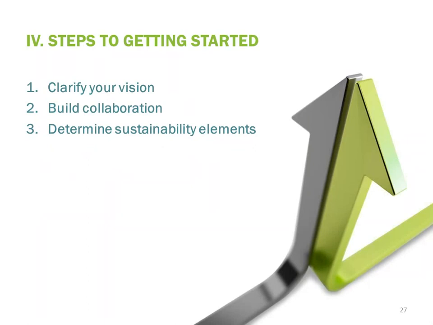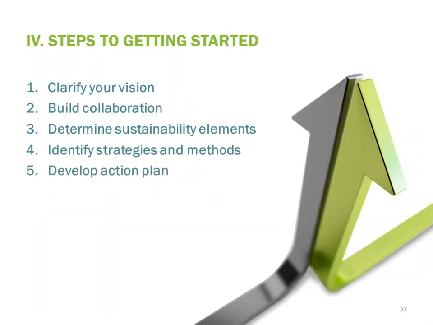Determine your sustainability elements, as I previously discussed. Identify strategies and methods. Develop an action plan. Track progress. Again, with your sustainability plan, it's really important to track your progress so you can see as you move into the future, are you meeting your goals? Do you need to adjust your plan?